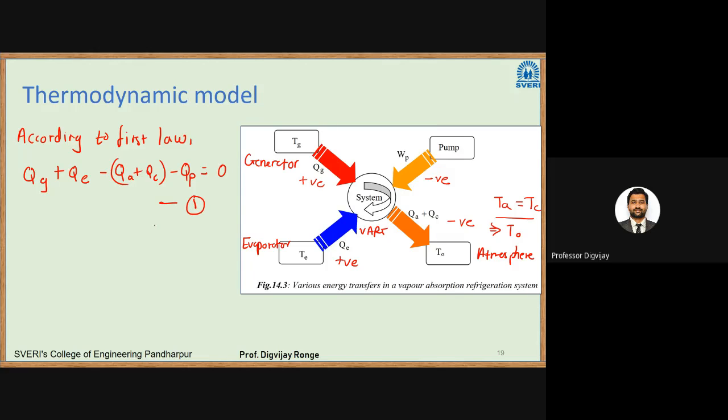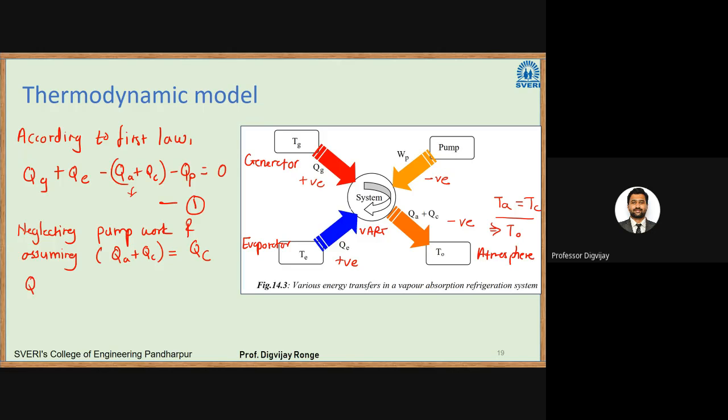See, the thing is here that this QP, that is the pump work, is very less compared to other values. So we have to neglect that. So neglecting pump work. Okay. And assuming, this term QA plus QC we can replace as a Q capital C. So this is small c, here is a capital C, QC.